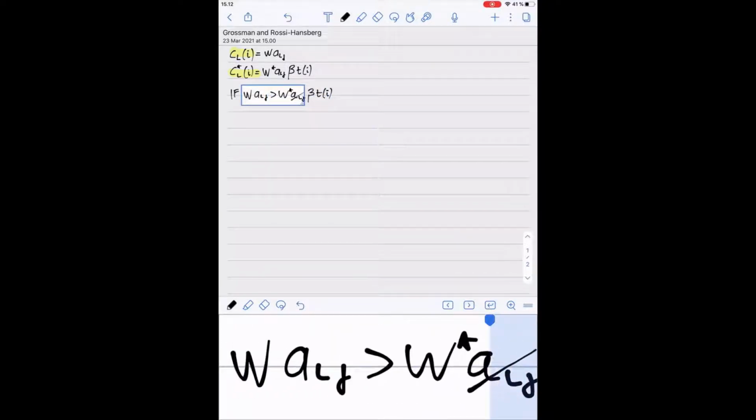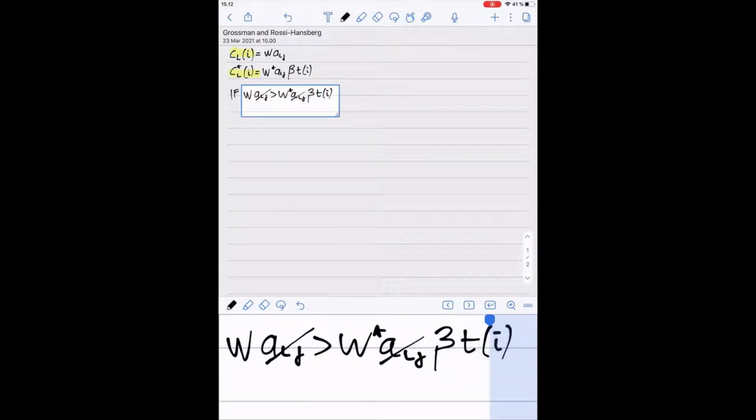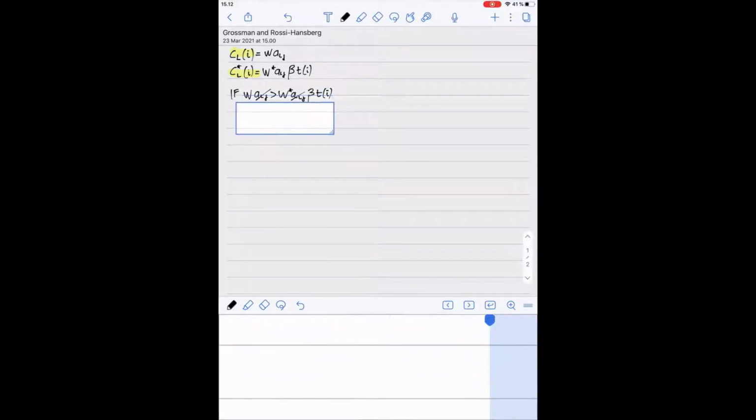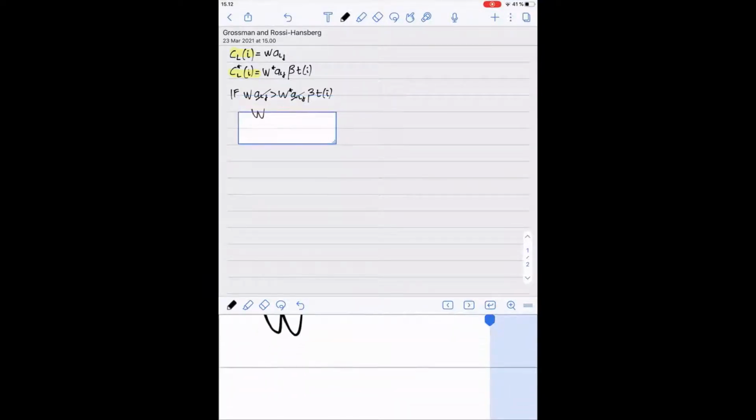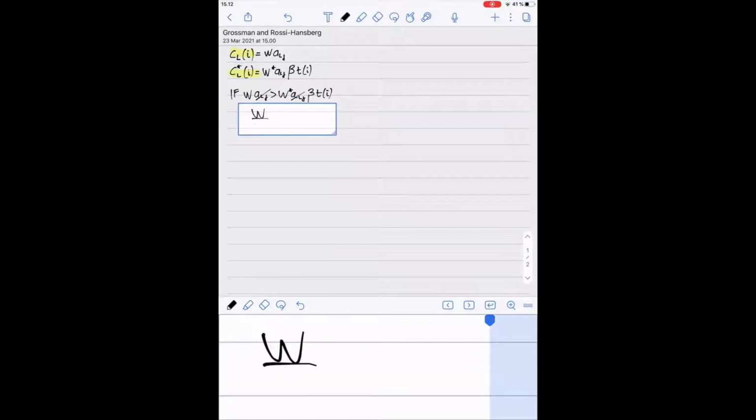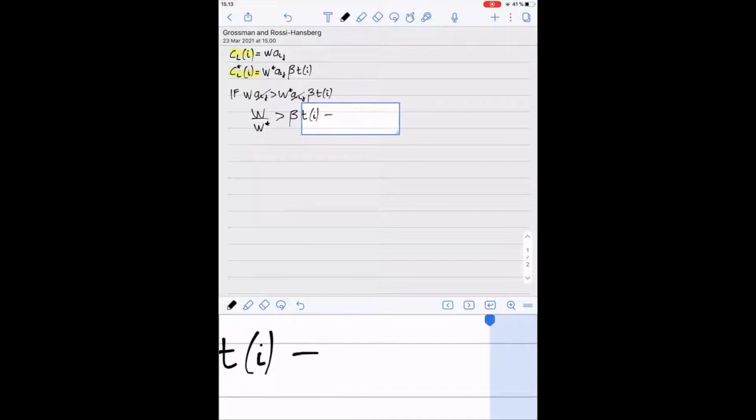It makes sense, right? If the technology is the same, it's not going to play a role in determining where you produce what. And so what we have is that if the wage W, and let's bring over here also the foreign wage W star, so if W over W star, if the home relative wage is higher than the offshoring cost, beta T(I), well then, foreign production.